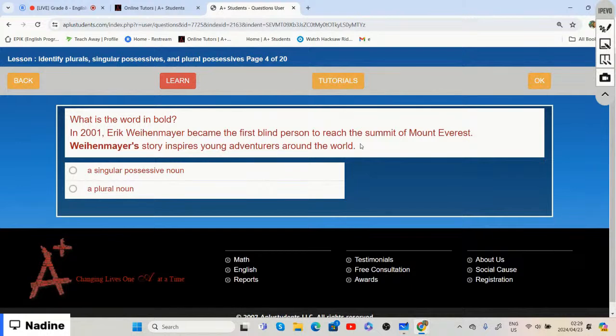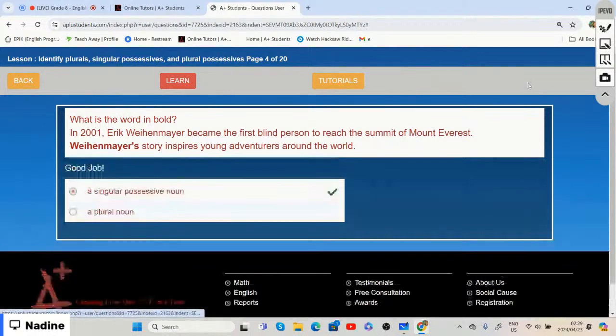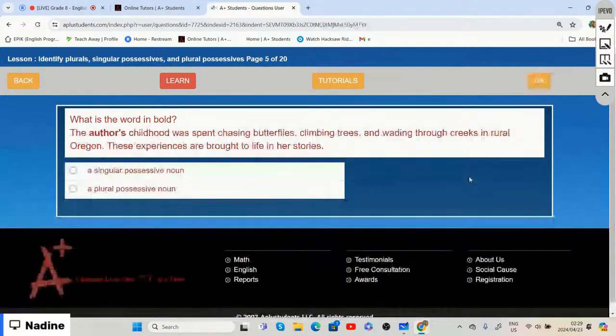If we choose the correct one, we can say Weyhemeyer's story, which means that it belongs to Eric Weyhemeyer. So it's a singular possessive noun. Well done. The first one is correct.